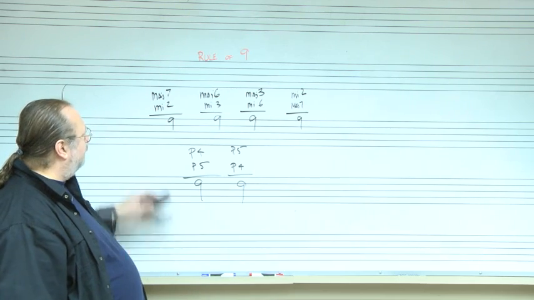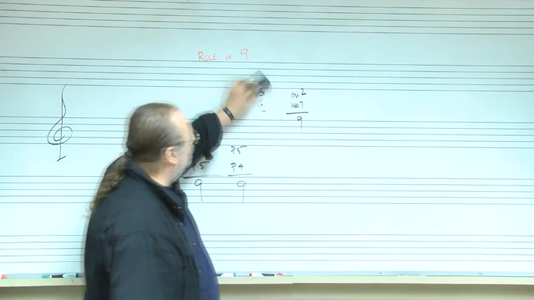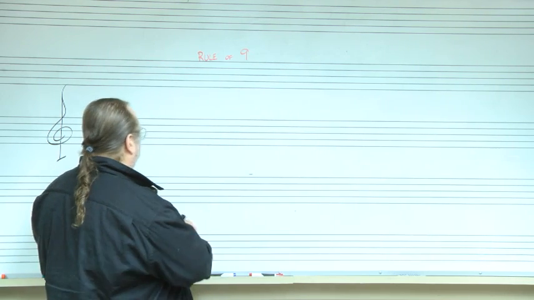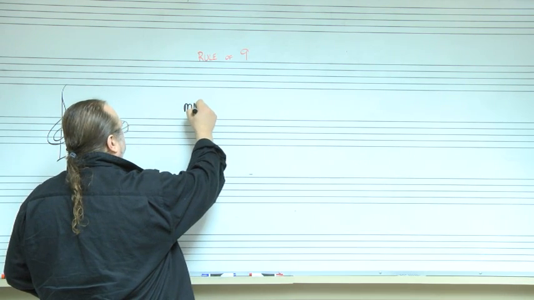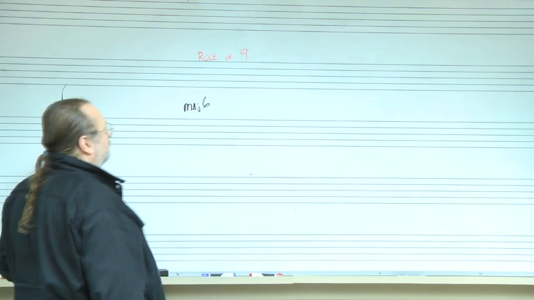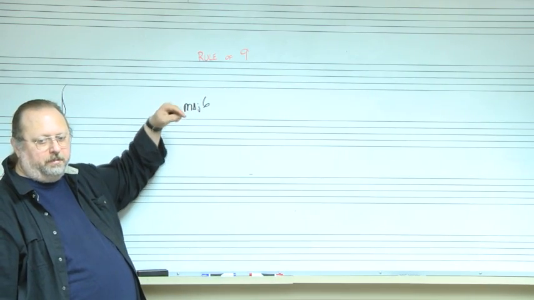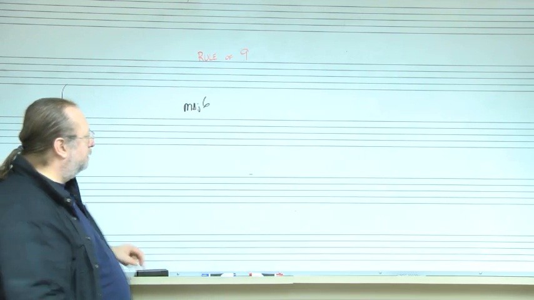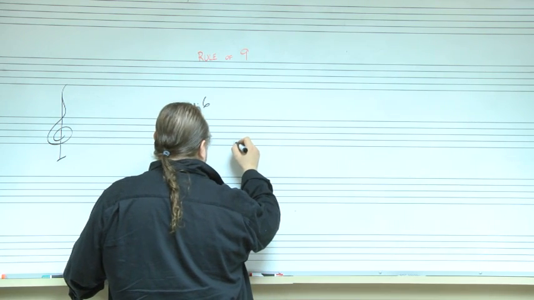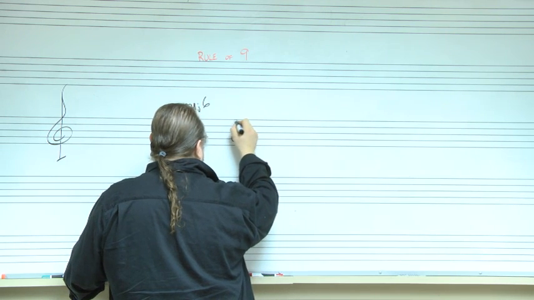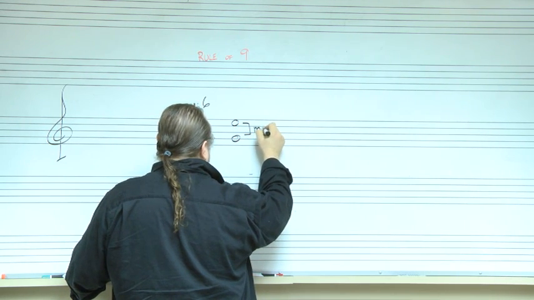So if you have a question and say, okay, major sixth, a major sixth up is the same thing as going minor third down. So if you've got G to E, that's a major sixth, right?